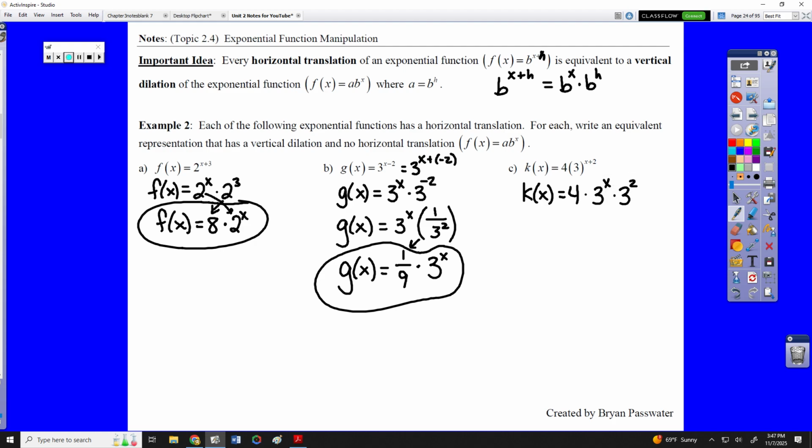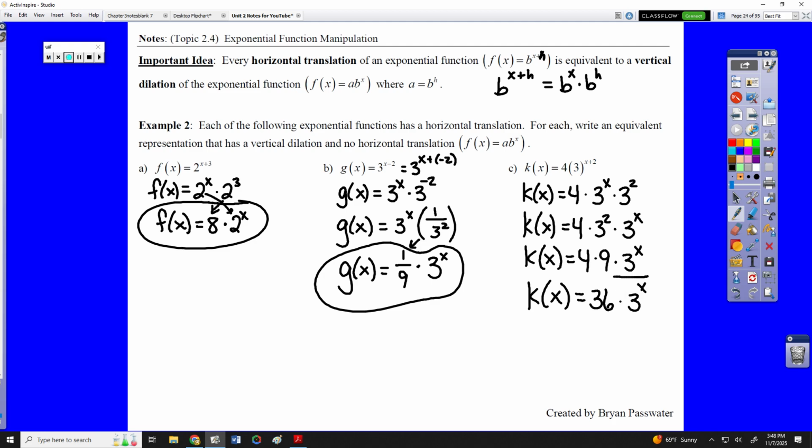Now I am going to switch the order of those, which I can do using the associative property of multiplication. It does not matter which order I multiply things in, because we can then do 3 squared, which is 9, and then we can do 4 times 9 to get 36 times 3 to the x power.